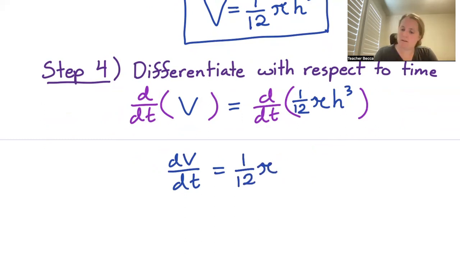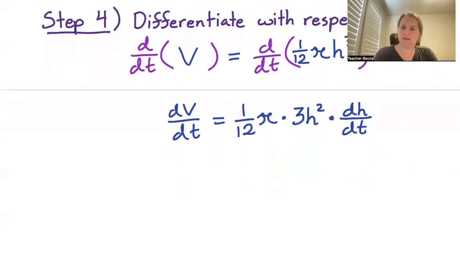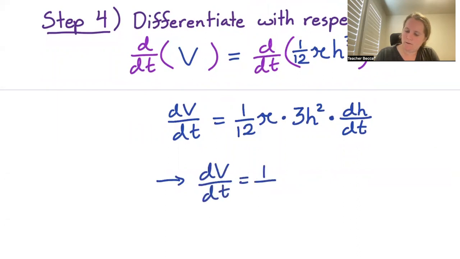H cubed goes to 3h squared, and then chain rule, we multiply by dh/dt. So we get that dV/dt is equal to pi/4 times h squared times dh/dt.